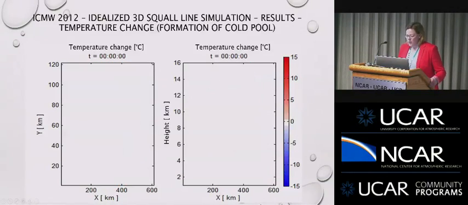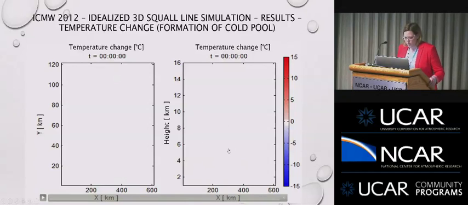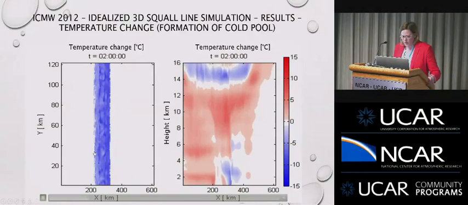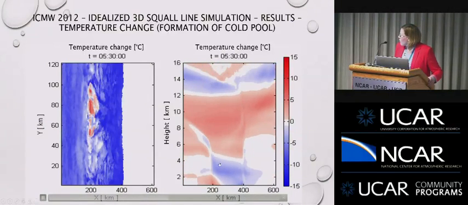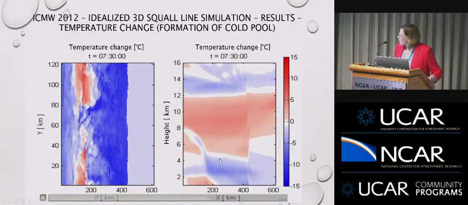In this case, it's really interesting how the temperature changed during the simulation, because in the case of a squall line, the decrease of the temperature due to the evaporation of water drops and also the melting of snowflakes is really important to propagate the squall line above. So it's also the same horizontal and vertical cross-section of the temperature change during the simulation compared to the original.